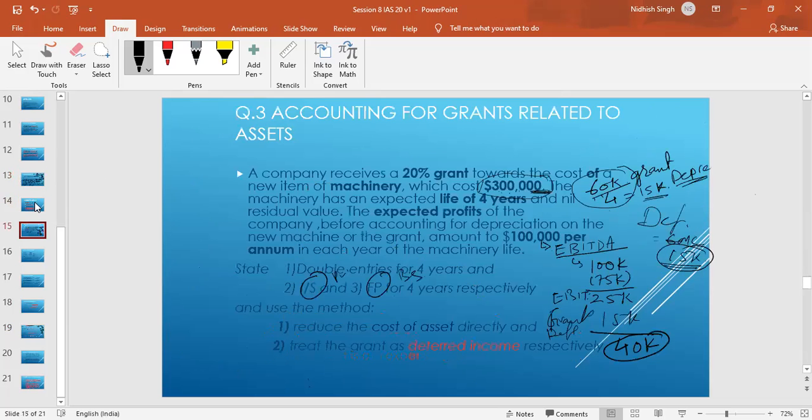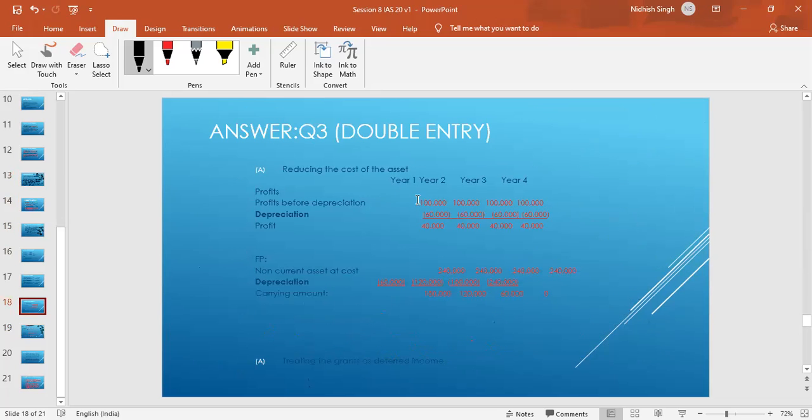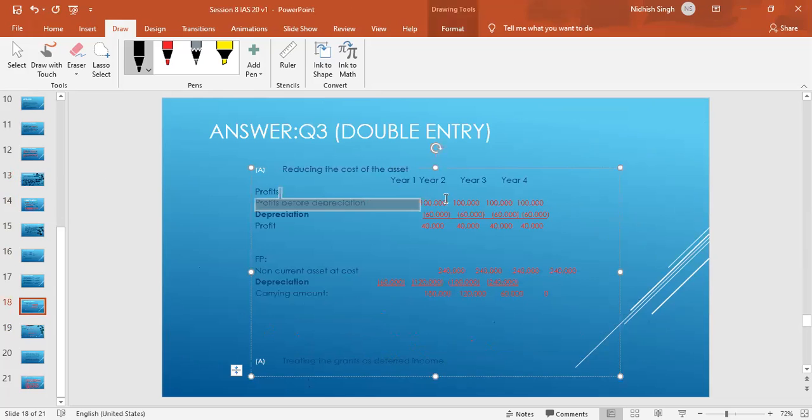If that happens, reduce the cost of asset directly. So if that happens, then your profit, you remember, was 100,000 earlier. And if you take the approach of reducing the cost of the asset, in that case only and only, your profit still remains the same. 100K minus 60K, because then your depreciation is limited to 60K only.